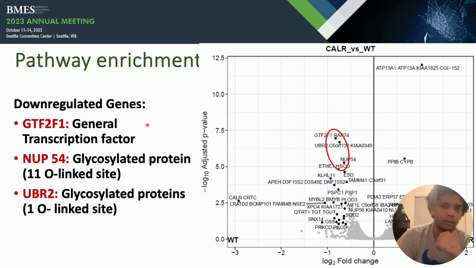This is in line with the literature that these general transcription factors will lead to the downregulation of the translation of the proteins that are responsible for normal translation process that are not essential during this abrupt condition. And we also see that there is downregulation of glycosylated proteins, the O-glycan proteins.